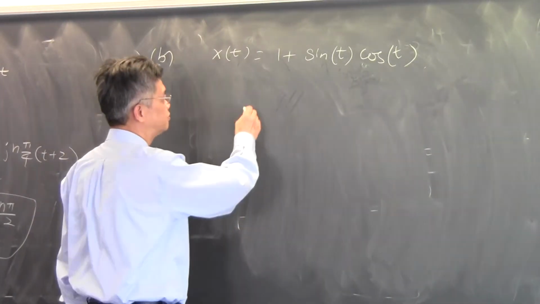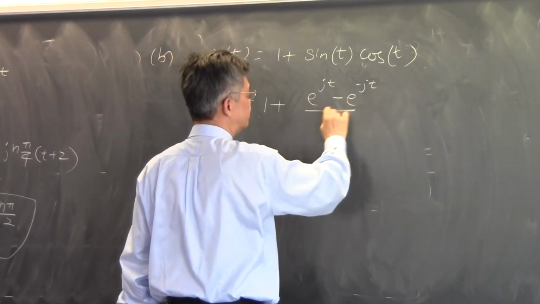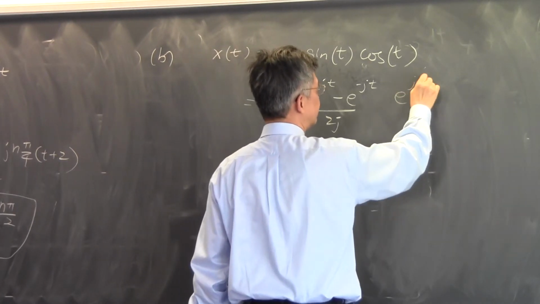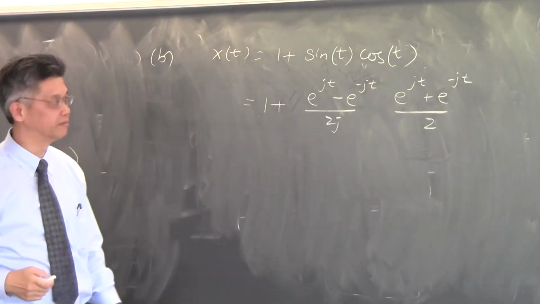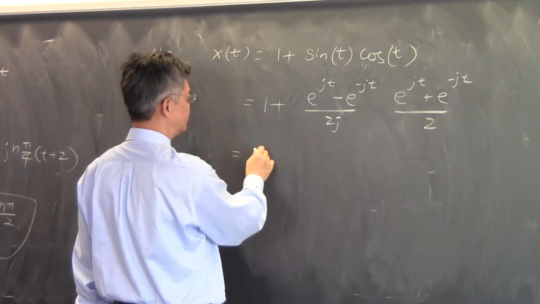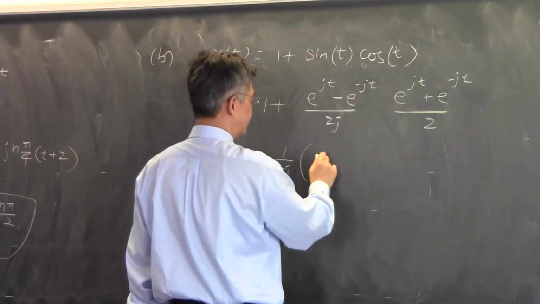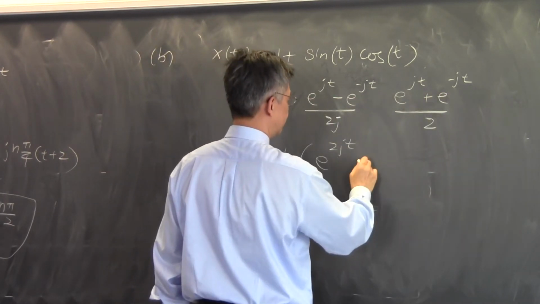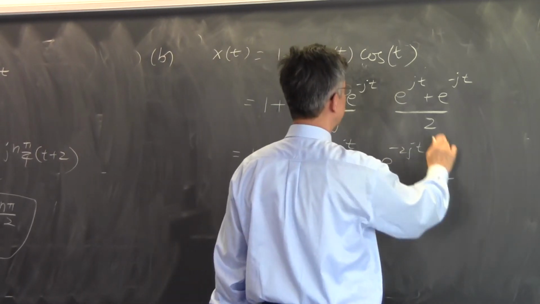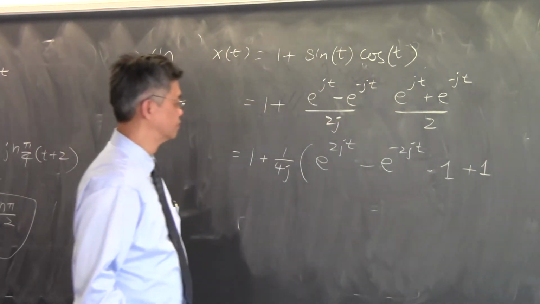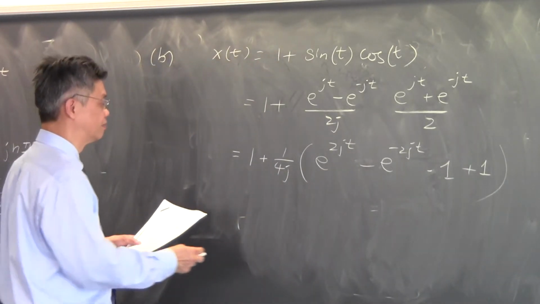Or you can use the exponential form or Euler's identity and write this as e to the jt minus e to the minus jt over 2j times e to the jt plus e to the minus jt over 2. This is sine, this is cosine, and multiply them out, and you should get 4 terms. 1 plus 1 over 4j, and then you can get e to the 2jt minus e to the minus 2jt, and then there's one that's minus 1, this one that's plus 1. Okay, so they cancel each other, and then you're just left with only these 2 terms.